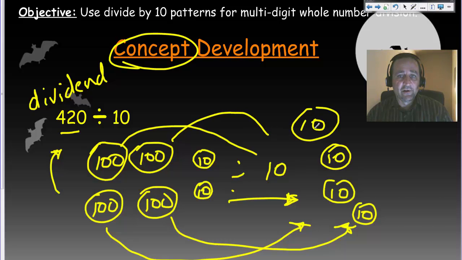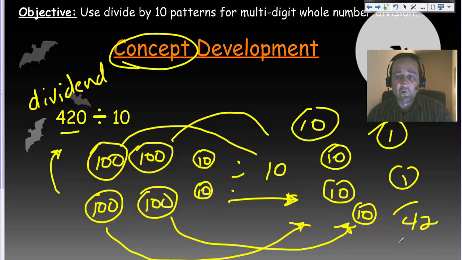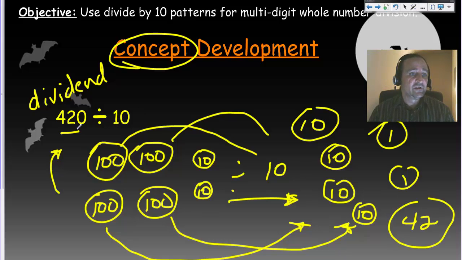Hope this didn't confuse you, but we're just taking 100 divided by 10. There's 10, so we end up with 40. And then 10 divided by 10 is a simple 1, and another 10 divided by 10 is 1. Look at the picture we end up with. Now we can see our answer, 42, which is just like what we were talking about, how the decimal place moves. Oh, you just got to love this. Tell me it isn't true.